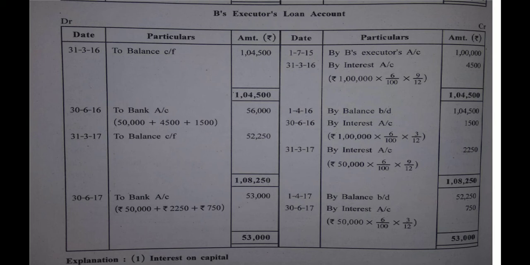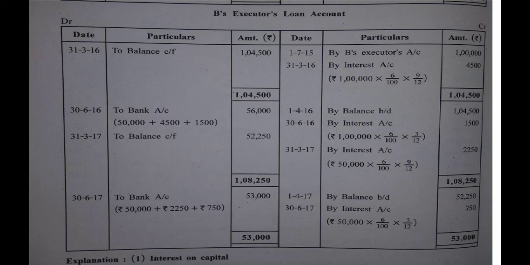And if you'll see on debit side 30/6/17, the amount of loan along with interest to be paid, 50,000 is the amount of second installment and 3,000 is the amount of interest to be paid along with the second installment as instructed in adjustment. 2,250 is brought from previous year that we have calculated for 9 months, and 750 here in this calculation on 30/6/17.